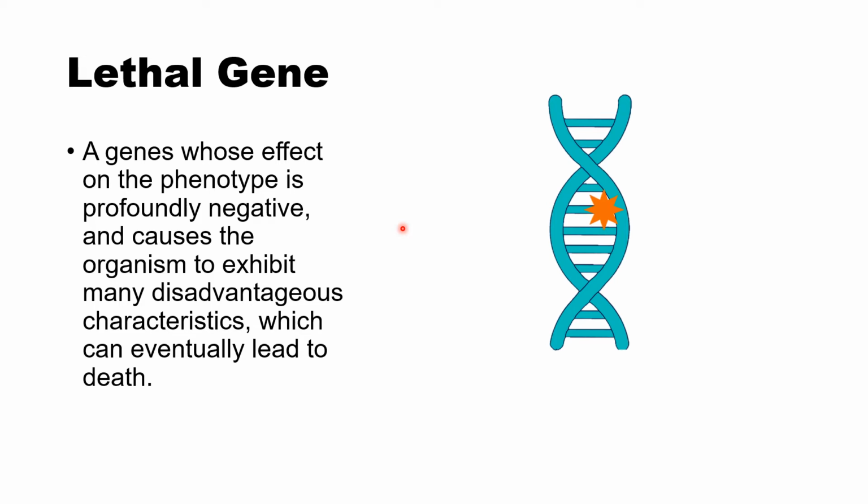It is not a positive or neutral effect, like dictating your color, your height, or the color of your hair. In the lethal gene, there is a negative effect on the phenotype.